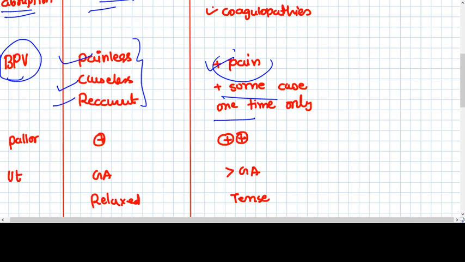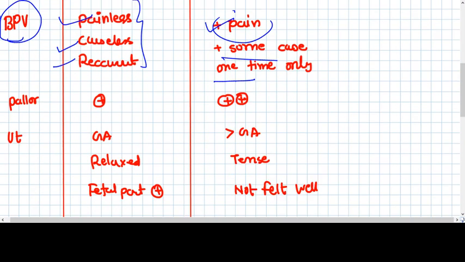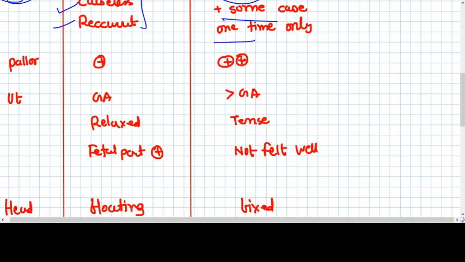But there is some cause and there is pain. If you see the pallor in placenta previa, the patient is not much pale according to her blood loss. But in the concealed type of abruptio placenta, the bleeding is not seen outside. Sometimes bleeding is nil, but still there is a blood clot formation behind the placenta of around 1 liter.